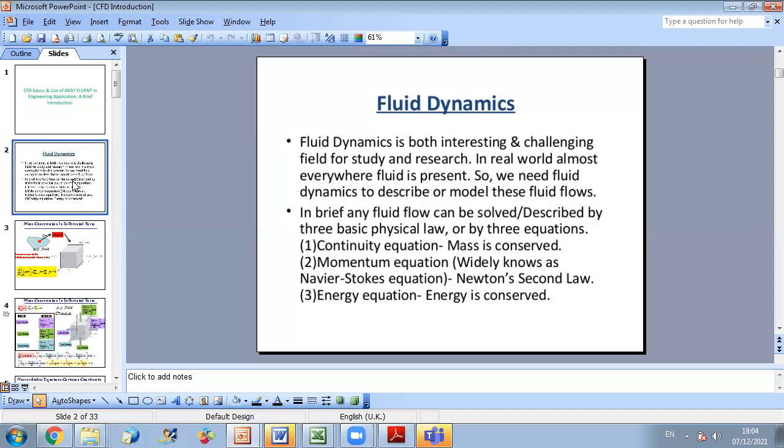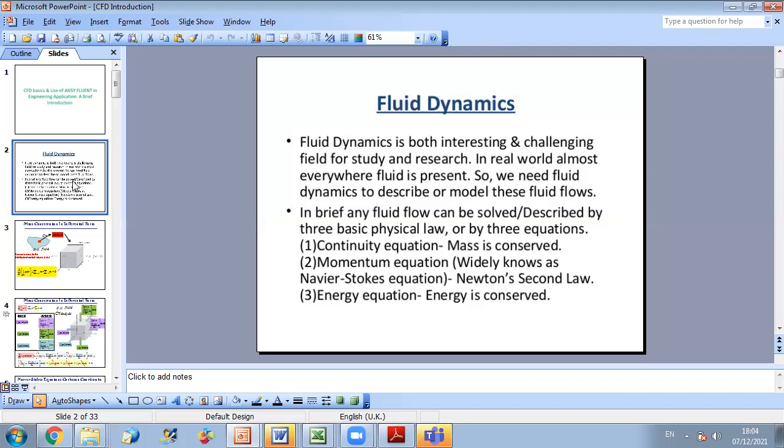Now, in CFD, fluid dynamics is very important. CFD is computational fluid dynamics, and we are solving fluid problems, but using numerical techniques, not using analytical techniques. Okay? So now, in any fluid we have three basic physical laws that we use in general.